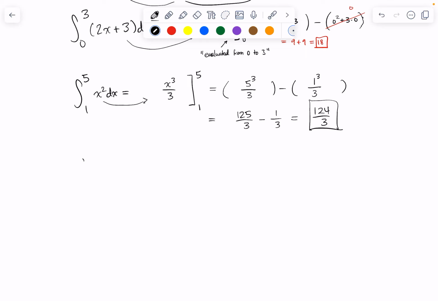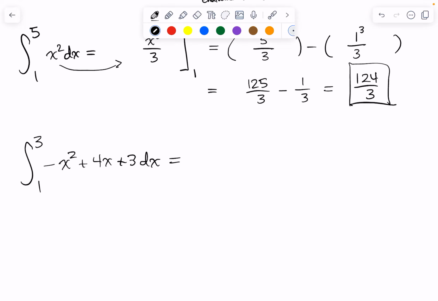Integral from 1 to 3, and we're going to do negative x squared plus 4x plus 3 dx. All right? What is the antiderivative of all that mess, right?